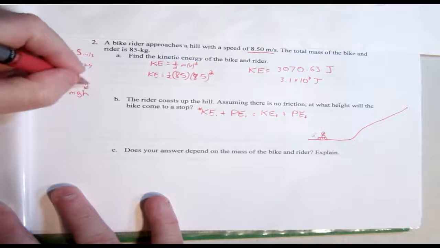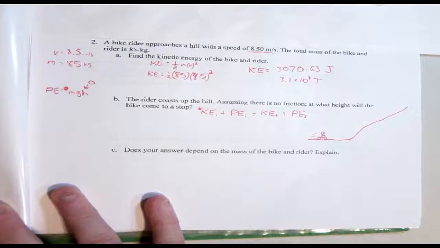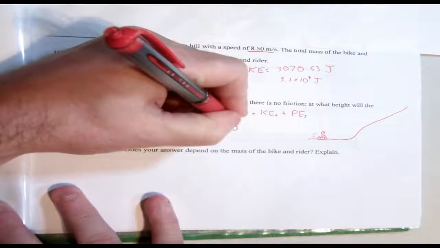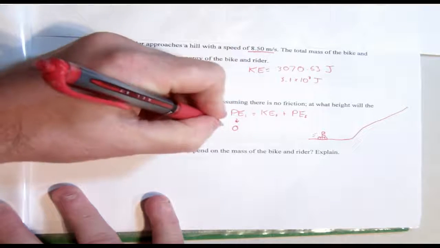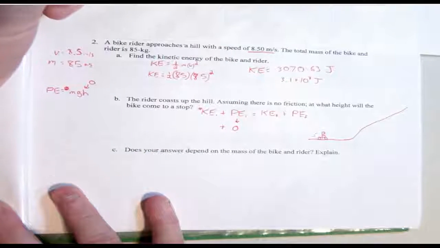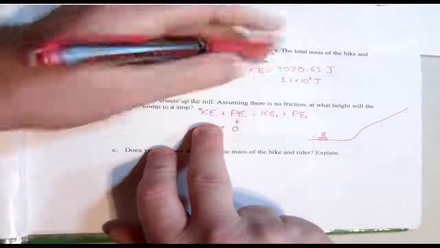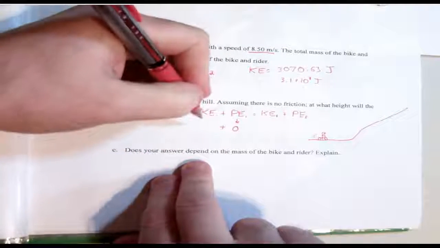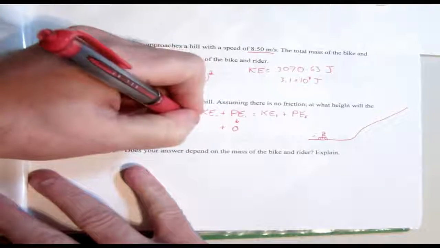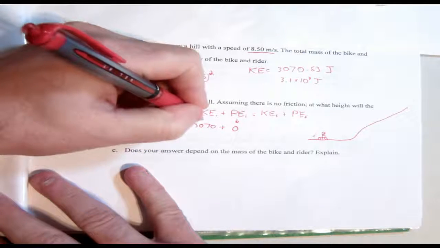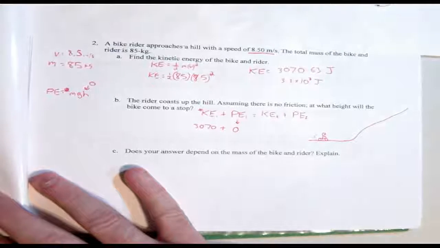Well, in this case, his height is 0 because he's at the bottom of the hill, right? So that means his initial potential energy is 0. His initial kinetic energy, well, we just said it. Let's round it and say 3070.